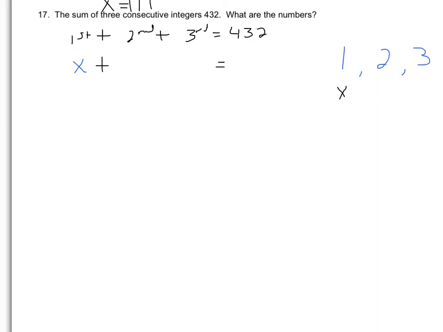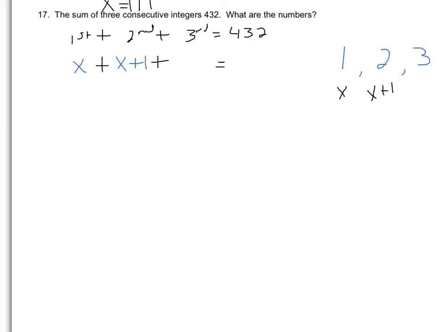We're looking at x plus 1 more. So I'm taking this value of x, and I'm adding 1 more to it to get to the next consecutive number. So here I'm going to write x plus 1, and then plus.